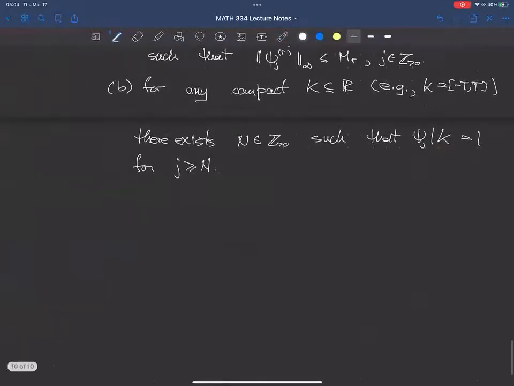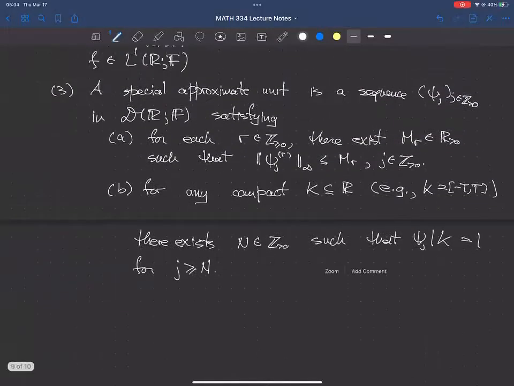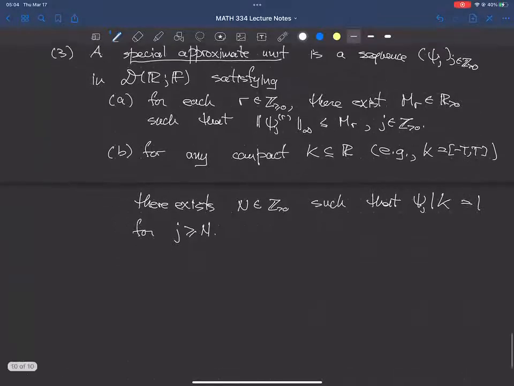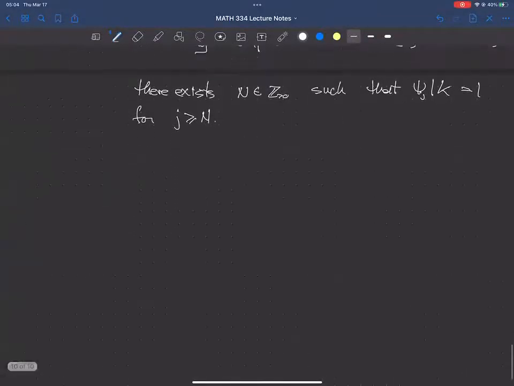And in your mind, the way you should picture one of these special approximate units, this is a sequence, is like this. So let's say I have minus 1 to 1, 2, minus 2, and so on.